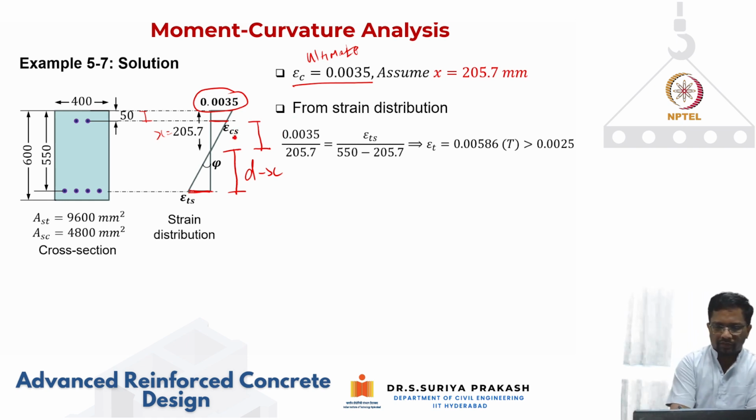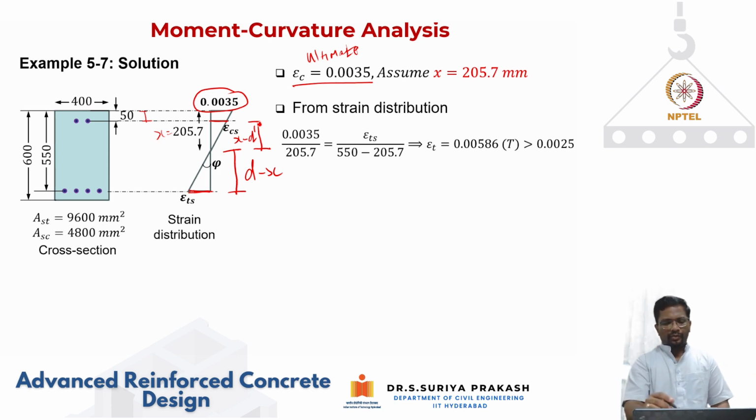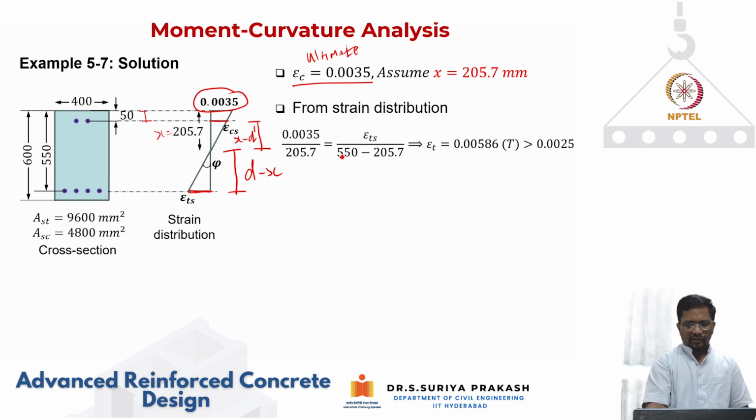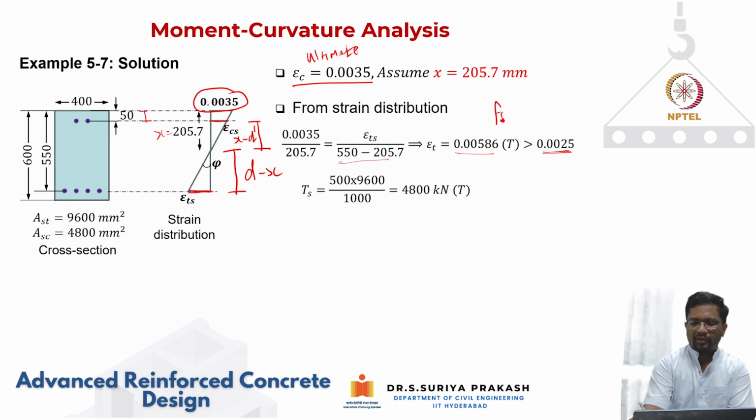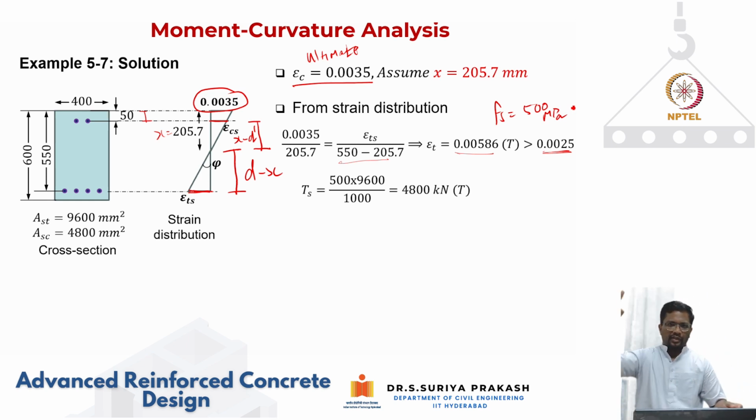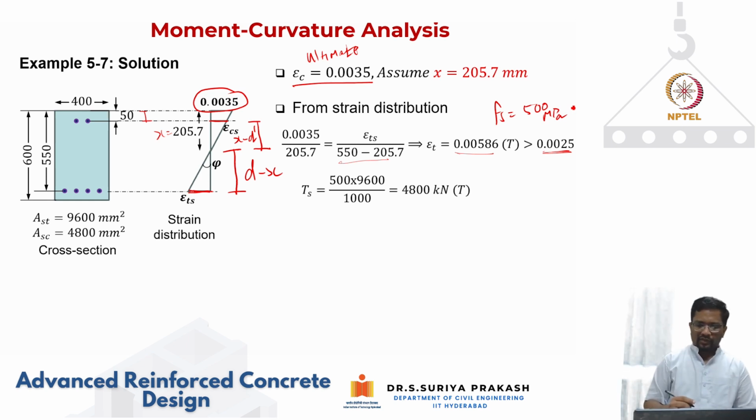Let me write this, x minus d prime. So epsilon ts, we can calculate as this is your d minus x. Epsilon ts divided by d minus x should be equal to epsilon c divided by x. So you get the tension steel strain as 0.00586 and you find that it is higher than your yield strain. So your stress is going to be 500 megapascal because it has reached yield. Again, this is why we are keeping an elastic perfectly plastic stress strain relationship.